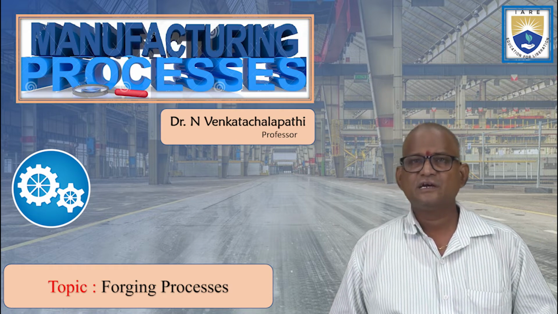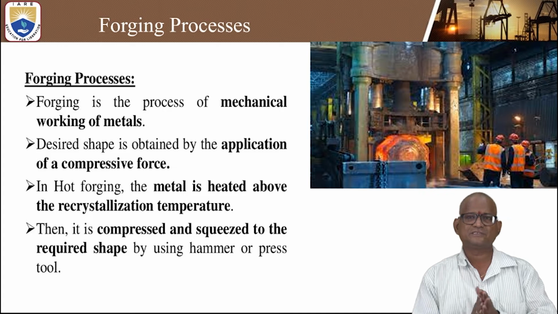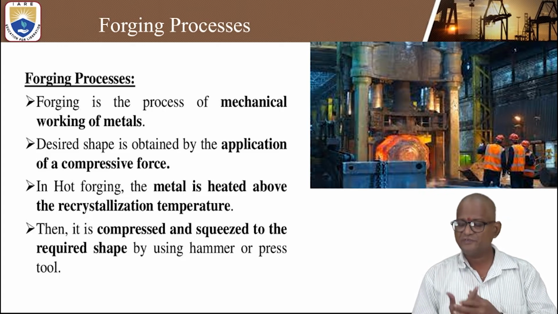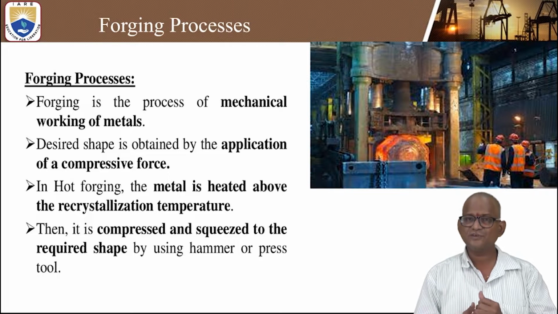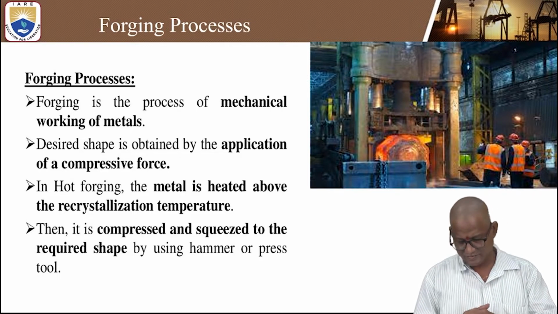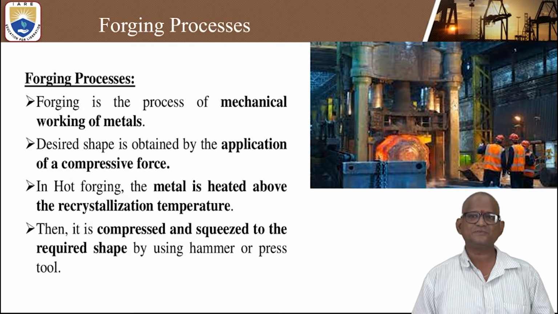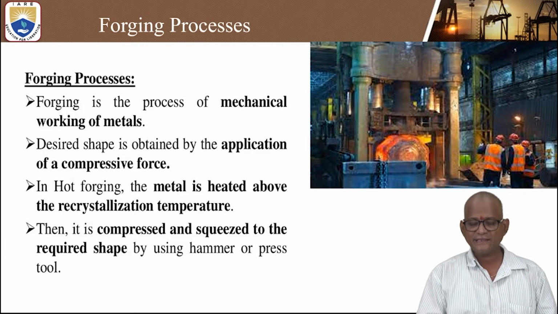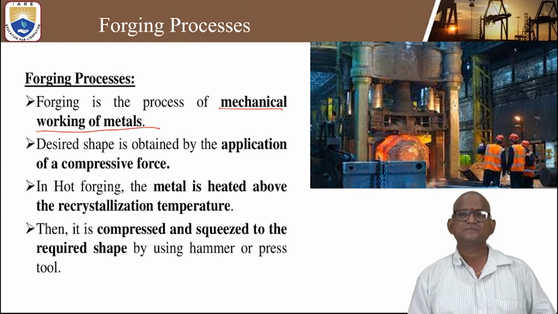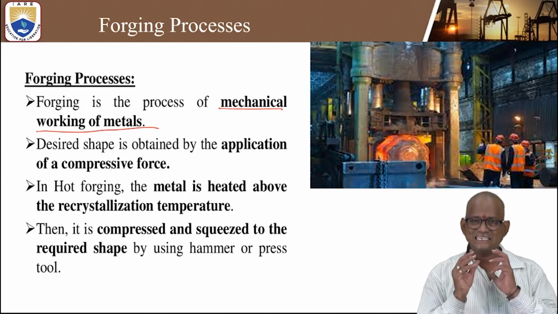It can be defined as the process of heating the metals above their recrystallization temperature. You can call it a hot forging process. But forging can be defined as the process of mechanical working of metals, so that the desired shape is obtained.